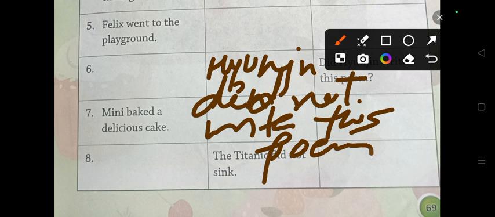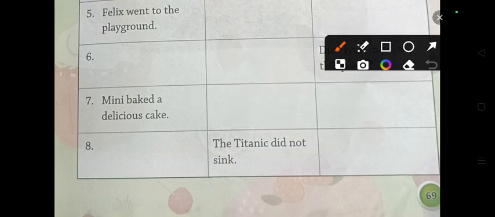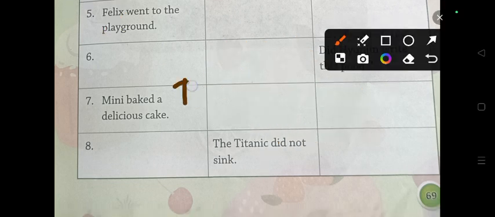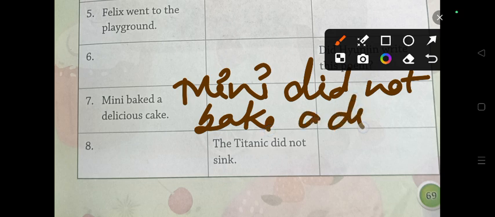And in the last you can see did Hyunjin write this poem. Next, Minnie baked a delicious cake. So you can write Minnie did not bake a delicious cake.